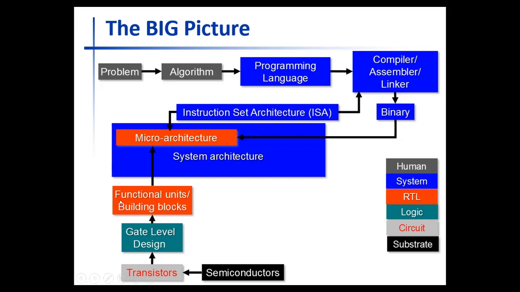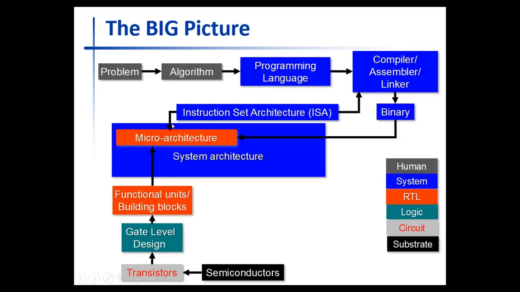Now you're familiar with adders, such as triple carry adders, half adders, full adders, multiplexers, encoders, decoders, these things from your CO221 course, right? Those are the functional units which you can use to build a microarchitecture with.